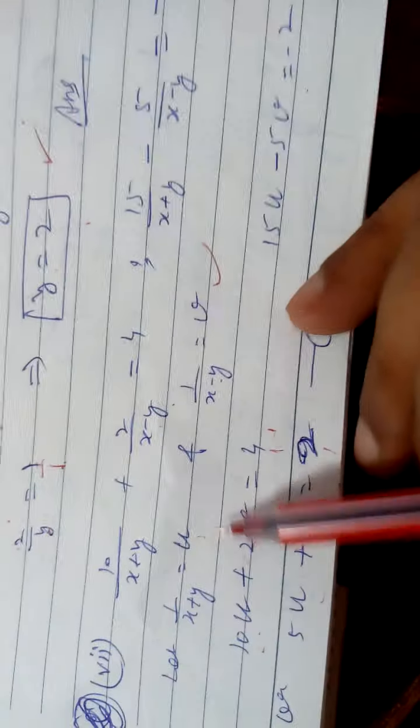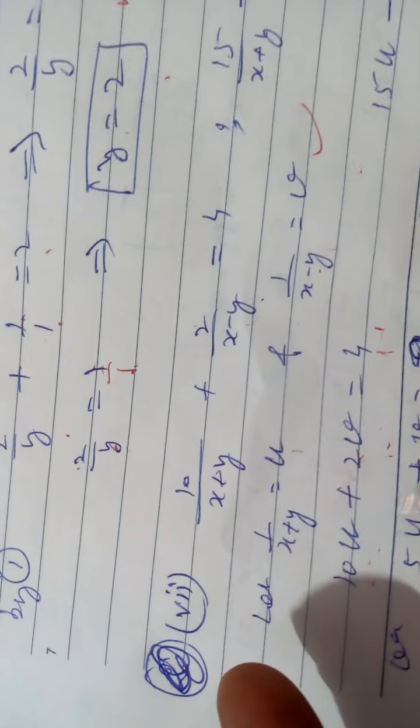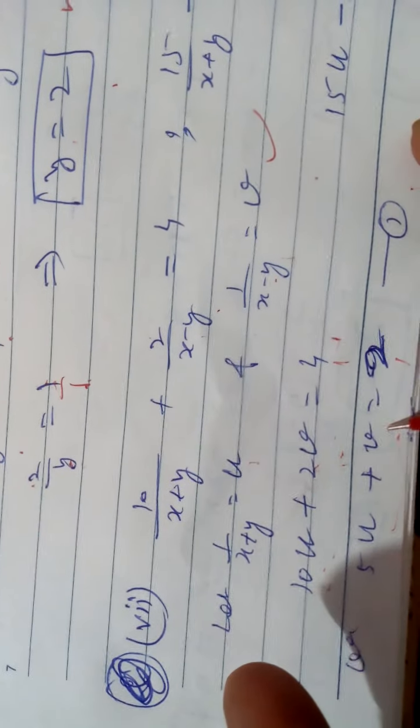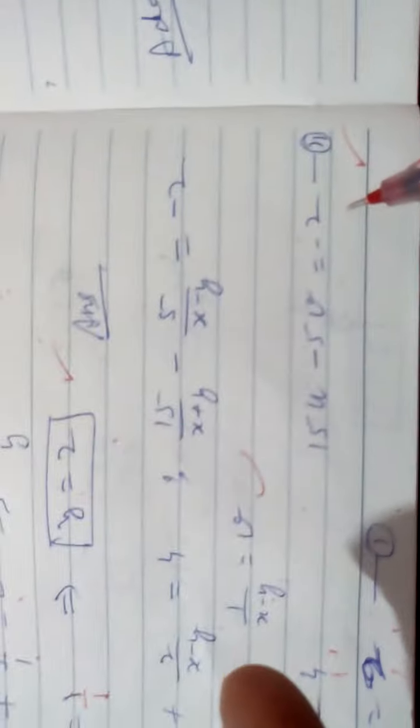You take one as u and the other as v. 1 upon x plus y is u, 1 upon x minus y is v. So 10u plus 2v equal to 4. Simplify it by 2, all are divisible. So 5u plus v is equal to 2. Here 15u minus 5v is equal to 2.